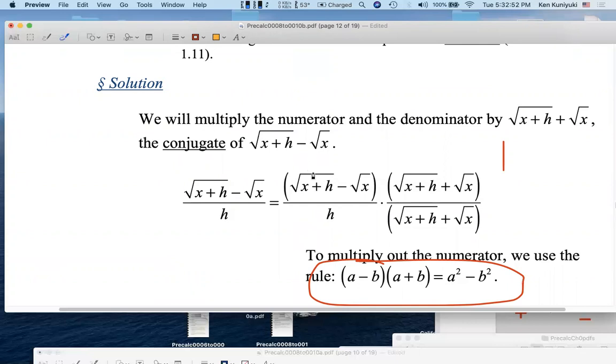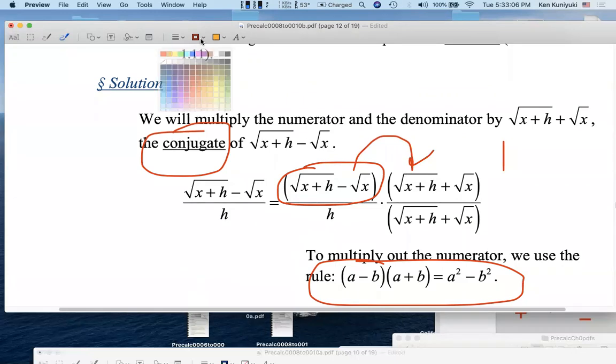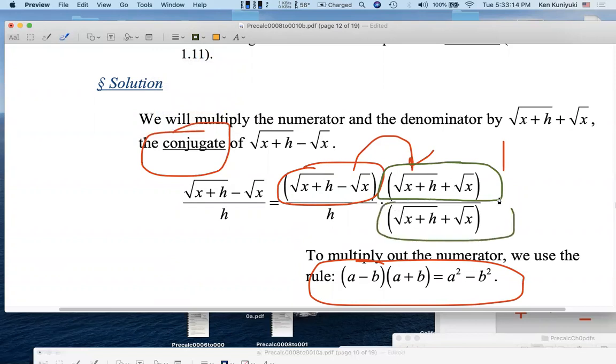So we want to multiply the quantity root x plus h minus root x by its conjugate. You obtain the conjugate by flipping the sign in the middle. We're taking the copy, and we're flipping the sign in the middle: root x plus h plus root x. And to be fair, we're multiplying on the bottom. That's how we multiply by 1 overall.